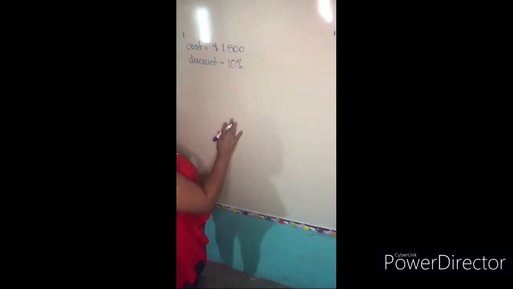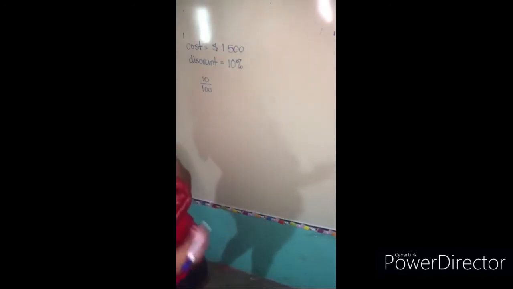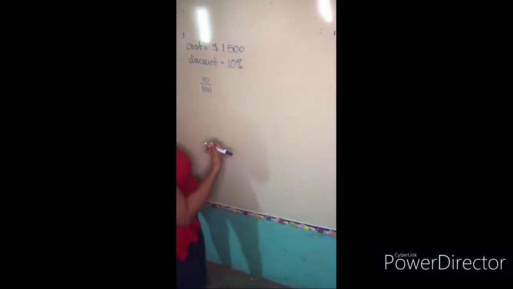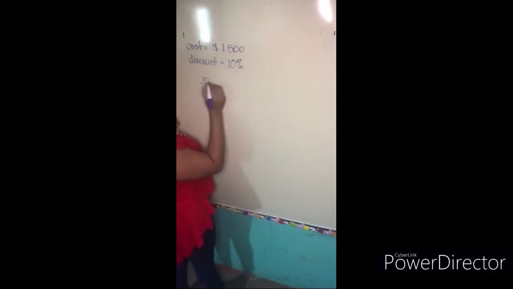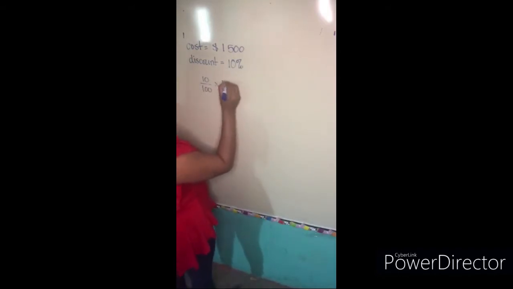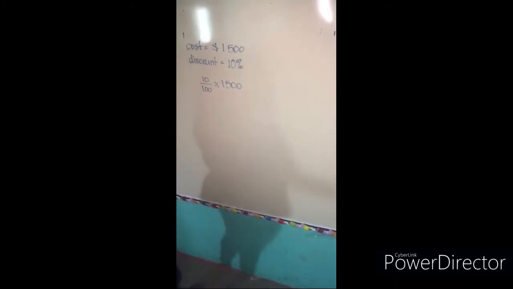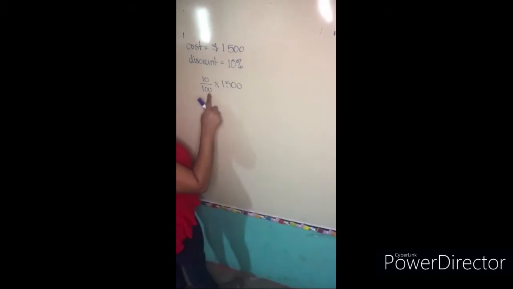All right? So 10% is the same as 10 over 100. Remember? Percent just means that it's out of 100. So 10% of 1,500. All right? So we have 2 zeros here and we have 2 zeros here.